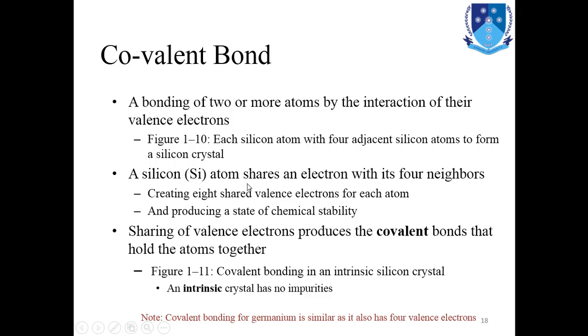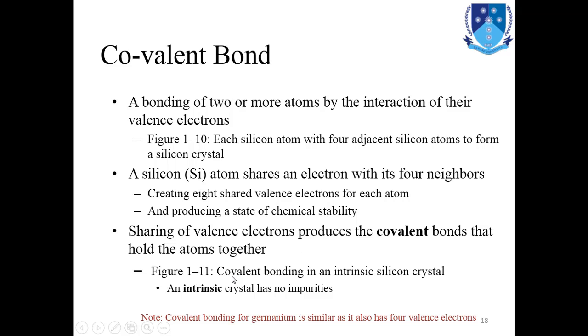So to complete its valence shell, it needs to share one electron each with its four neighbors, creating 8 shared valence electrons for each atom of silicon and producing a state of chemical stability. This means that for a stable silicon atom, every silicon atom has to share one electron with its four neighbors. Sharing of valence electrons produces the covalent bonds that hold the atoms together.